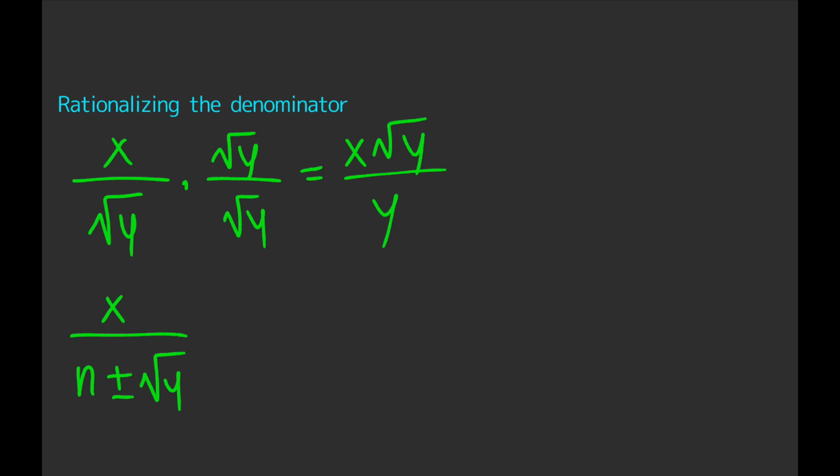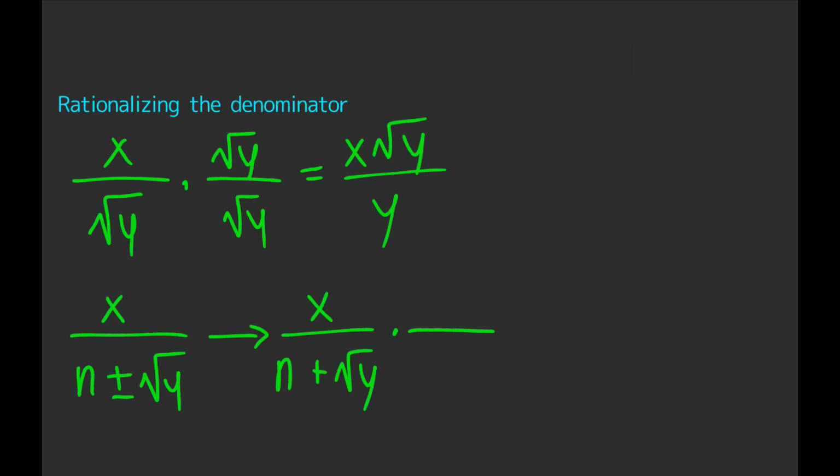And the way we're going to rationalize these denominators depends on whether that is plus or minus. So, our first example, if it is plus, we are going to take the conjugate, which means we are going to flip the sign. If it's positive, we'll flip it to negative, and if it's negative, we'll flip it to positive. But only for the radical.